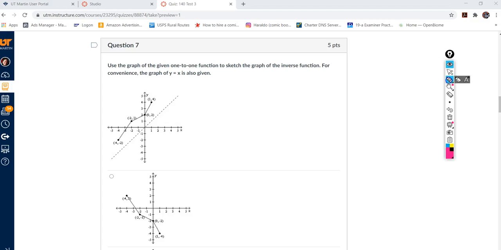So let's look at this. Now, this is f. How do I find f inverse? I swap the coordinates. So 1, 4 is on f, so 4, 1 will be on f inverse.